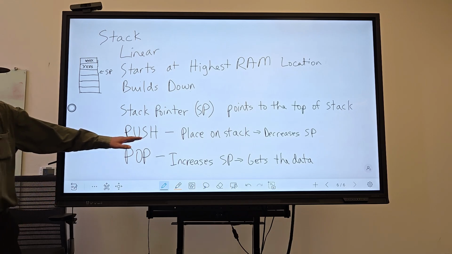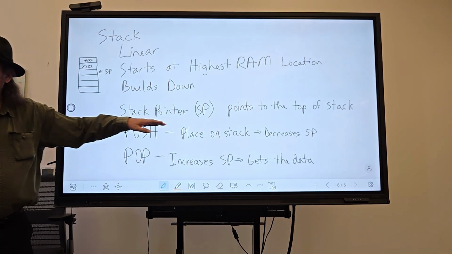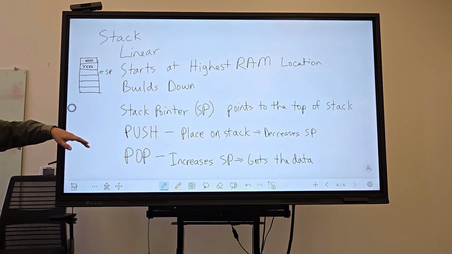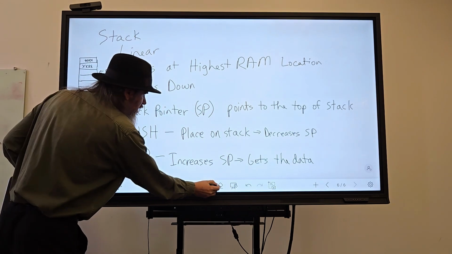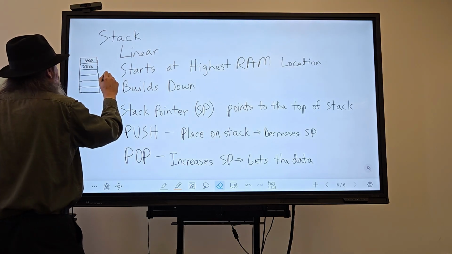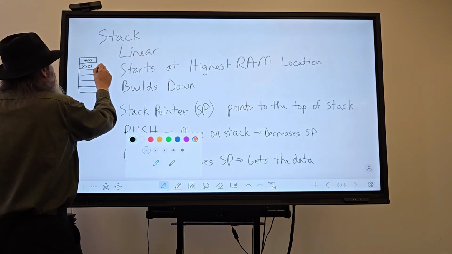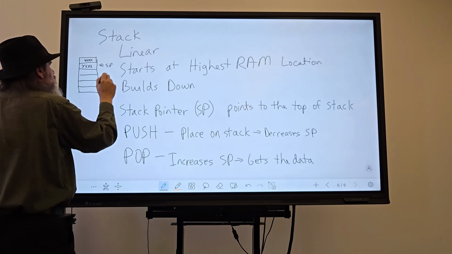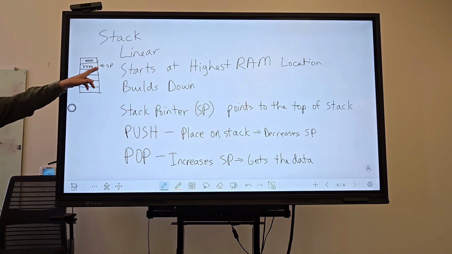Each time you push, it decreases the stack pointer. It moves the stack pointer down. So it's always pointing to an empty slot. Does that make sense? The pop will then move the stack pointer up one, and then get the data that the stack pointer is pointing at.